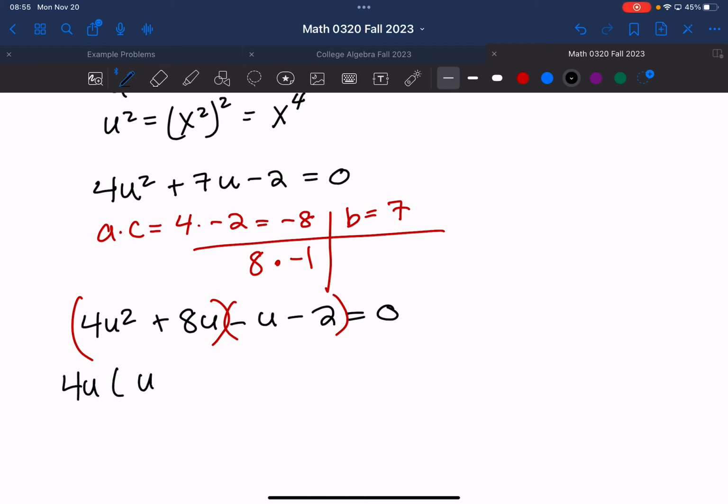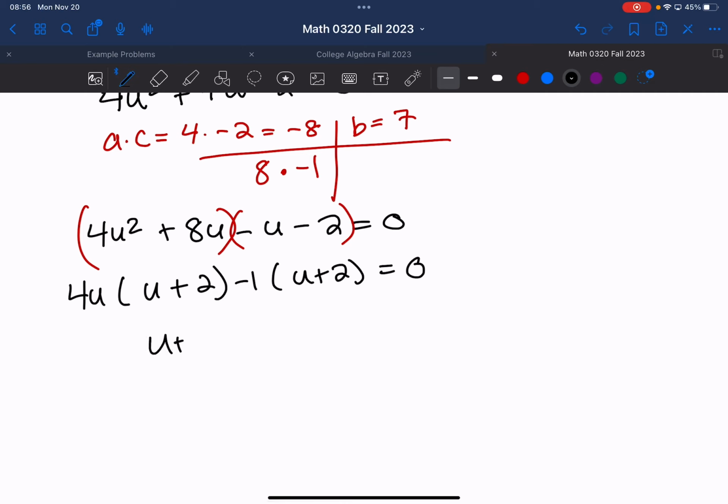And I'm left with u plus 2. And if I want to end with a u plus 2 again, what do I need to take out? A negative 1. So u plus 2. So that means I have u plus 2 times 4u minus 1 equals 0.